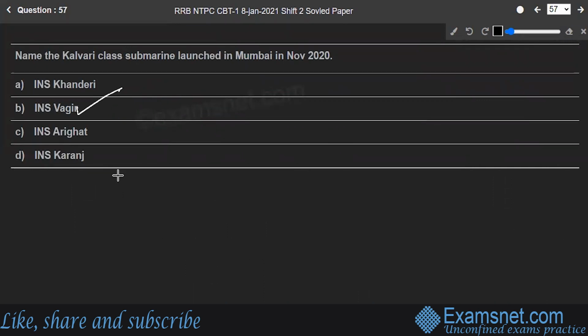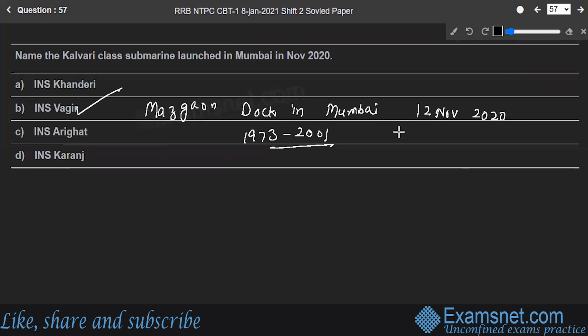Indian Navy's fifth Kalavari class diesel electric attack submarine, INS Vagir, was launched at Mazagaon dock in Mumbai. The ship was launched on 12 November 2020. The submarine inherits its name from INS Vagir, which served in the Navy from 1973 to 2001 and was named after a species of sandfish also.